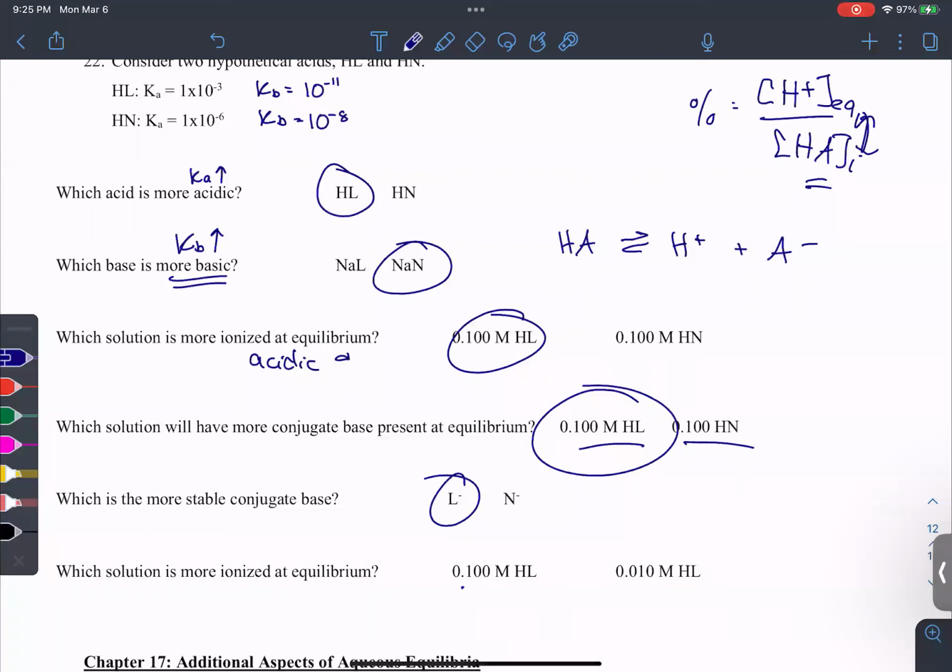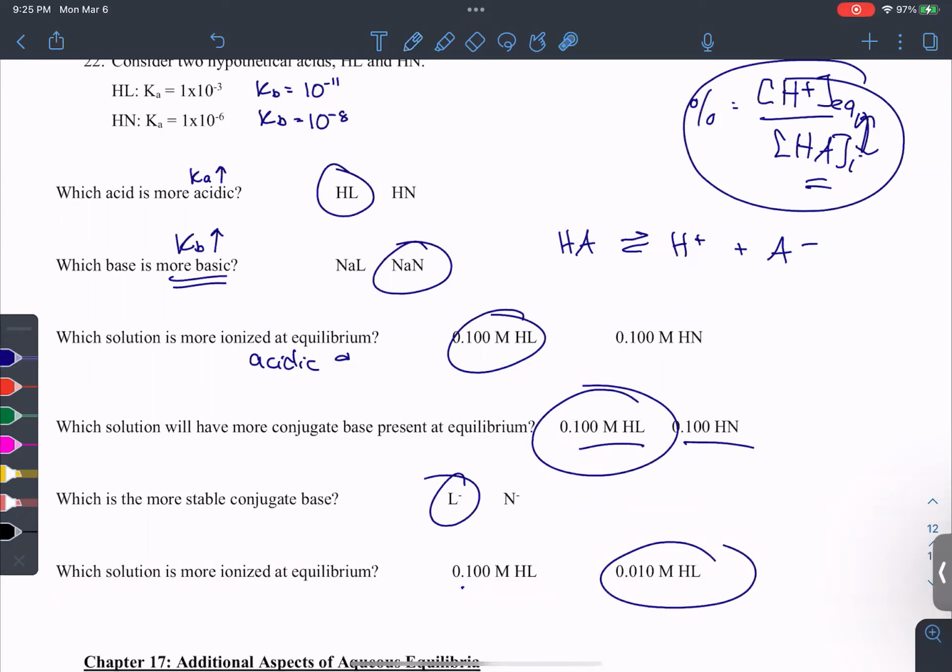0.1 molarity HL or 0.01 molarity HL? Which one? Yeah, it's the lower concentration one. If we look at percent ionization, the ways we can increase it, we either increase H plus concentration at equilibrium, so that means Ka.